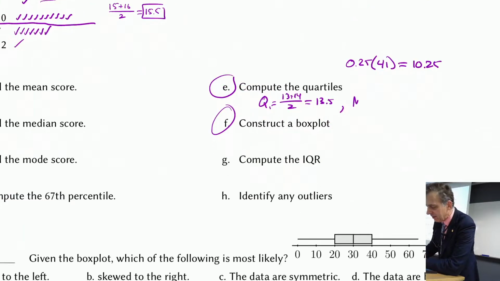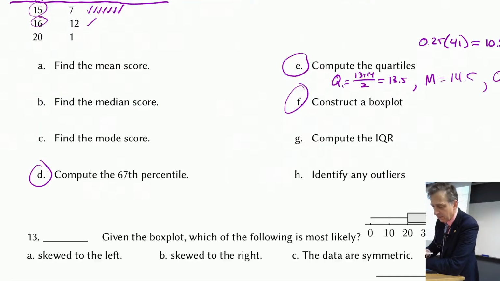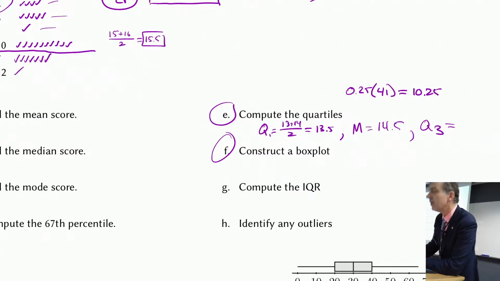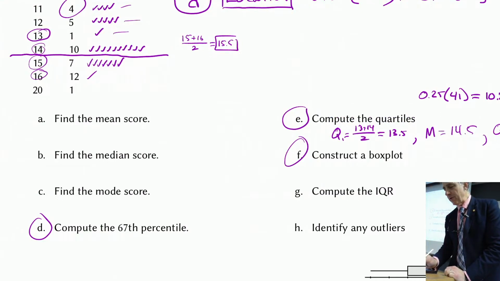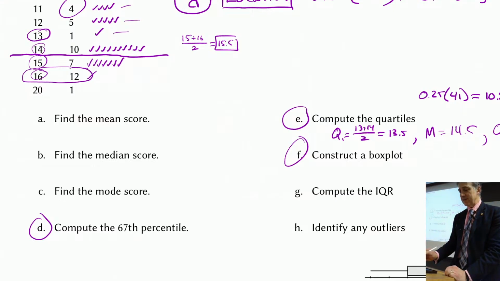And so the median will be 14.5. And then quartile 3 is going to be the 30.75, I think, but we're just going to do between the 30th and the 31st. Fortunately for us, the 30th and the 31st numbers are both 16s.